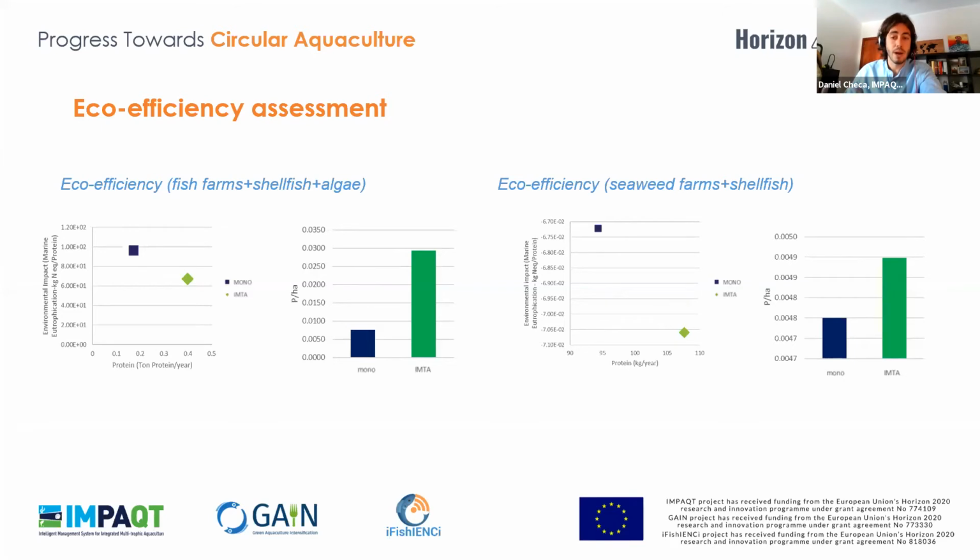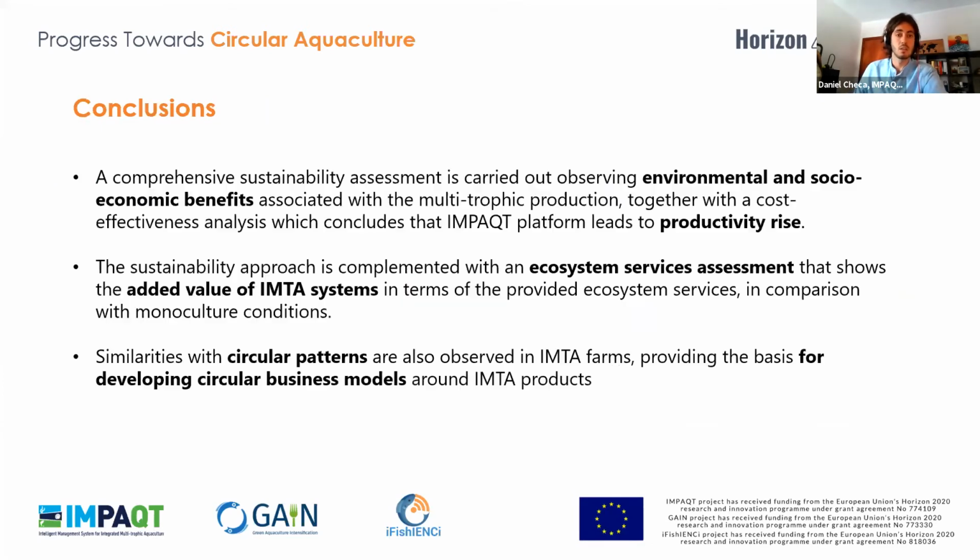So this provides greater biomass while reducing the environmental impact. This is represented in the figure on the right side in both cases. We have more biomass for the production and, in terms of protein per hectare, using the same space, the same marine space or water space.